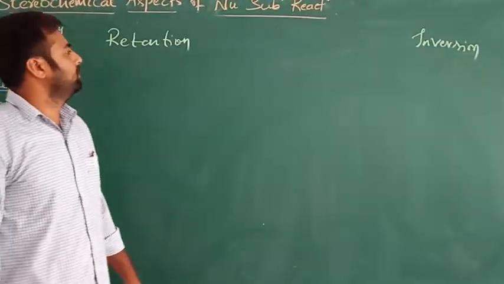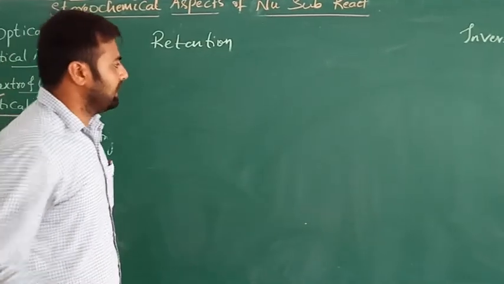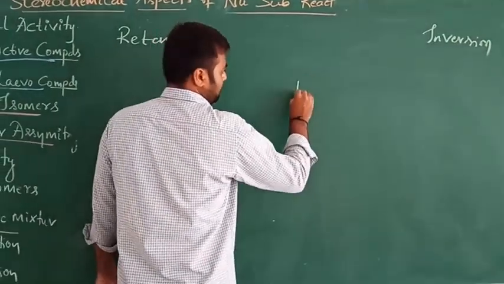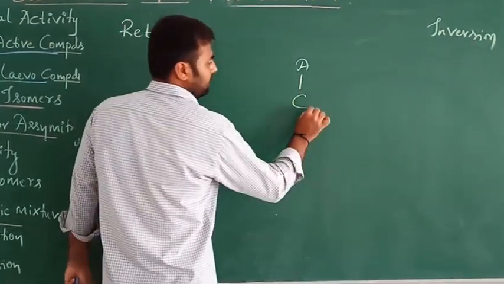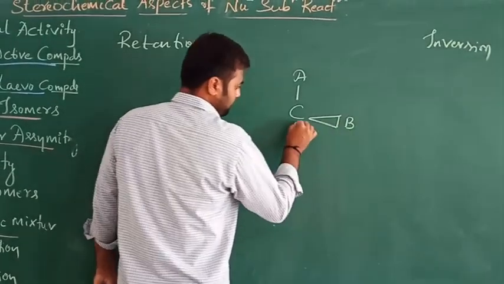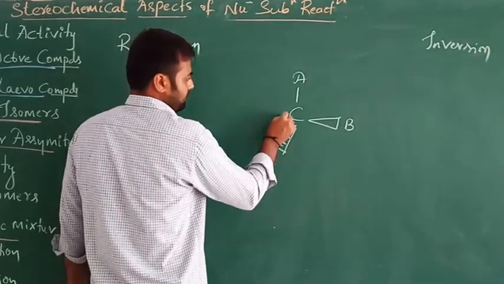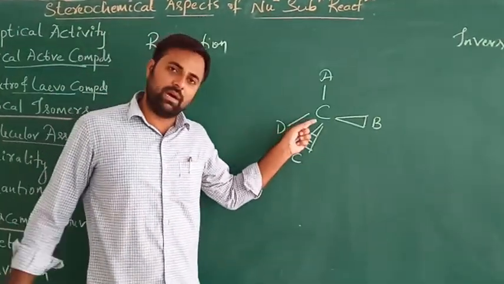I'll tell you both definitions in a single concept. Let us consider one molecule, like A. It's a type of molecule. Here the chiral carbon is there.